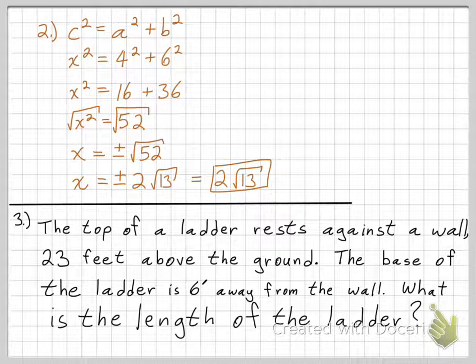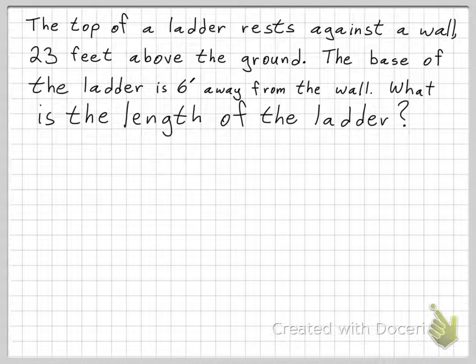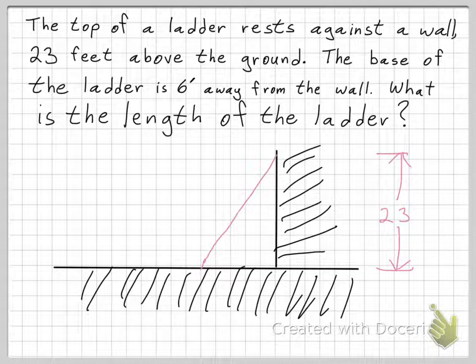The top of a ladder rests against a wall 23 feet above the ground. The base of the ladder is 6 feet away from the wall. What is the length of the ladder? So this is the same prompt, and here's my visual description or schematic of what's going on.